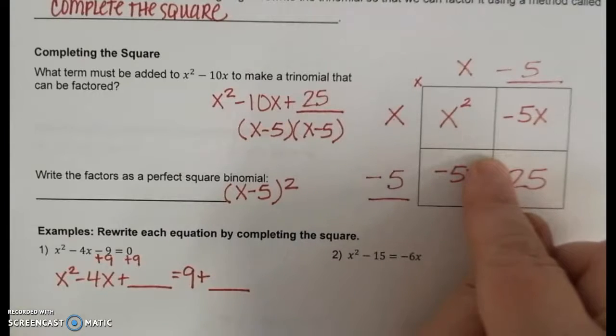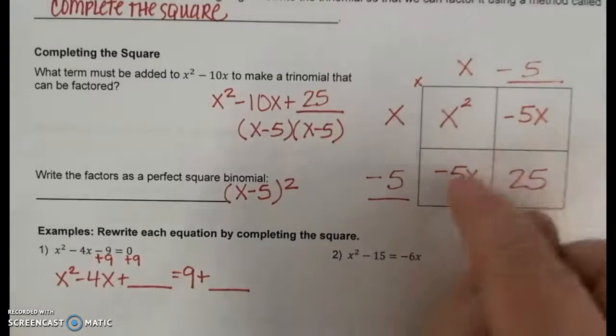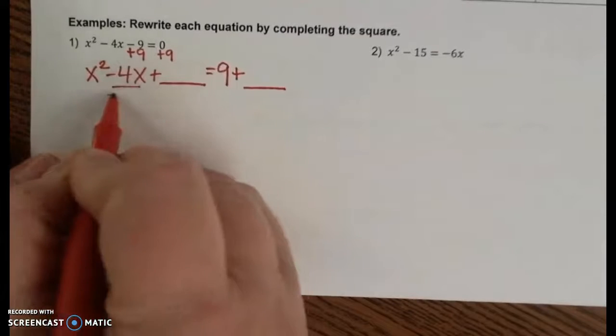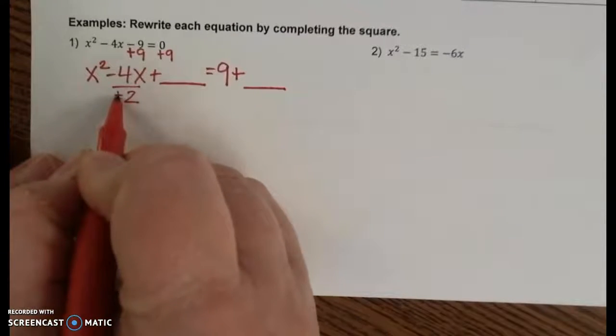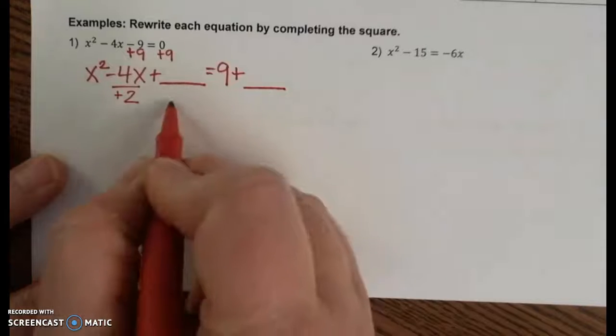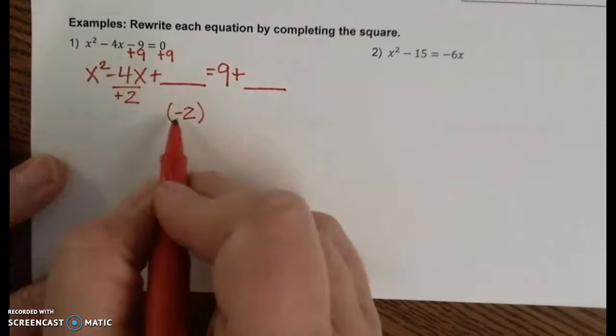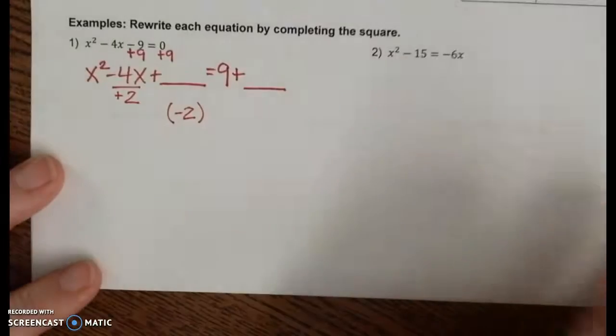So in essence, I divided it by 2, split it in half. I'm going to do the same thing with the negative 4. I'm going to split it in half by dividing by a positive 2, and I get negative 2. Negative 4 divided by a positive 2 is negative 2.